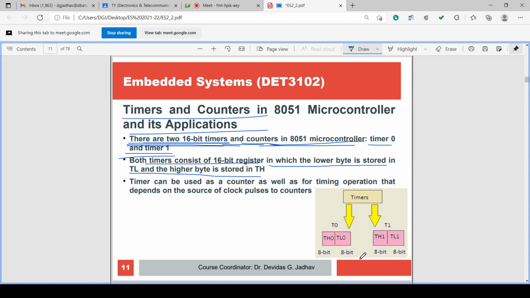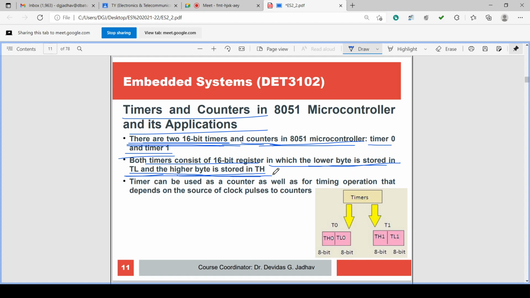These timers are two 16-bit timers. Each 16-bit timer is divided into TL0 and TH0, or TL1 and TH1. The lower byte is stored in TL, the higher byte is stored in TH.